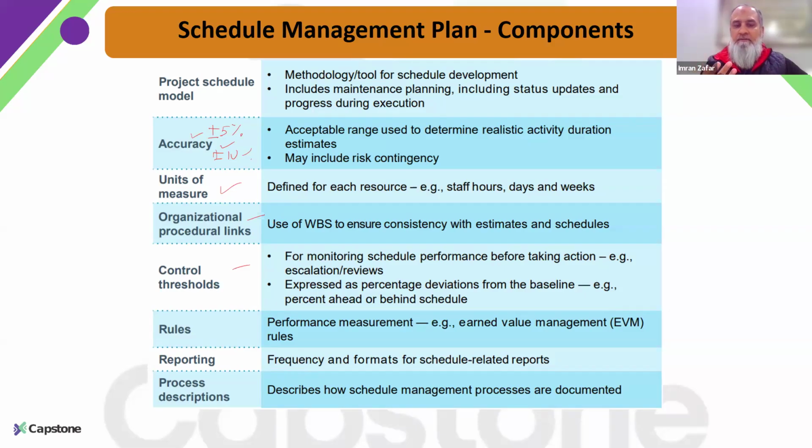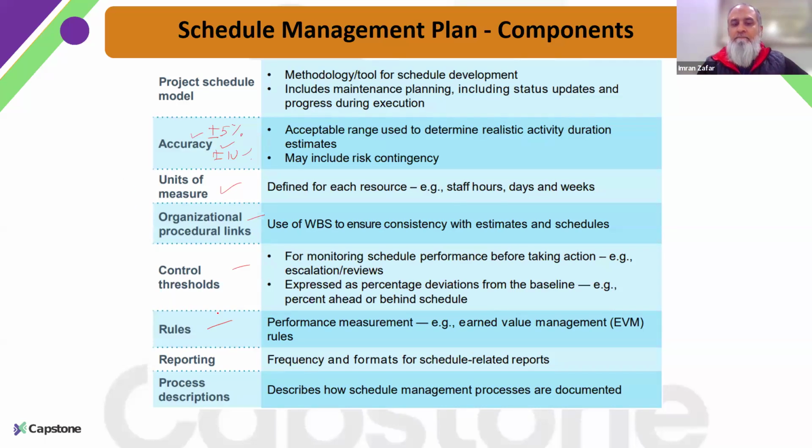Let's say if we have a deviation of more than the acceptable limit, how we are going to escalate it, how we are going to share it with our stakeholders, and things like that.